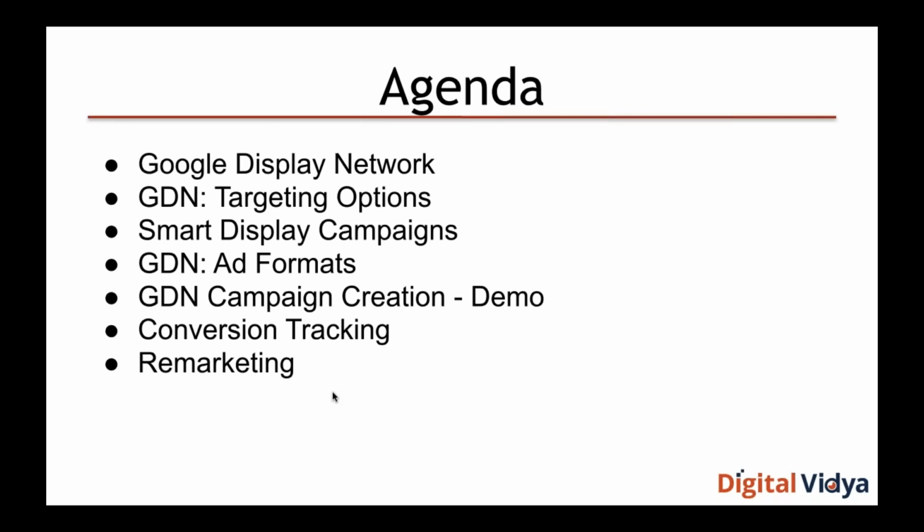So that we'll study, and then we will discuss something known as remarketing, which is again another way of targeting here, but we will discuss it separately. So that's the plan.